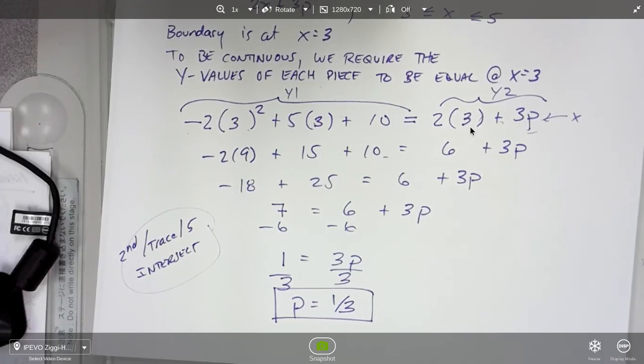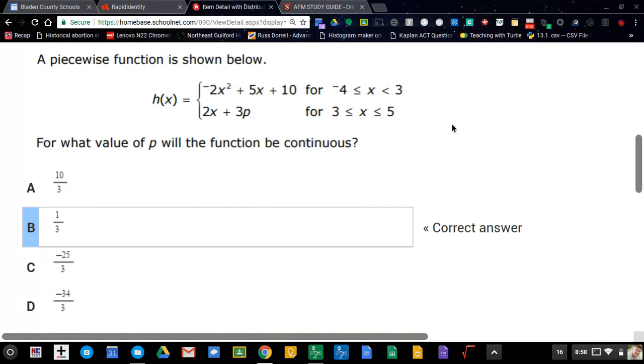All right. Let's see. That was 21. So let's do 22. What time is it? 8:57? Let's back it up.